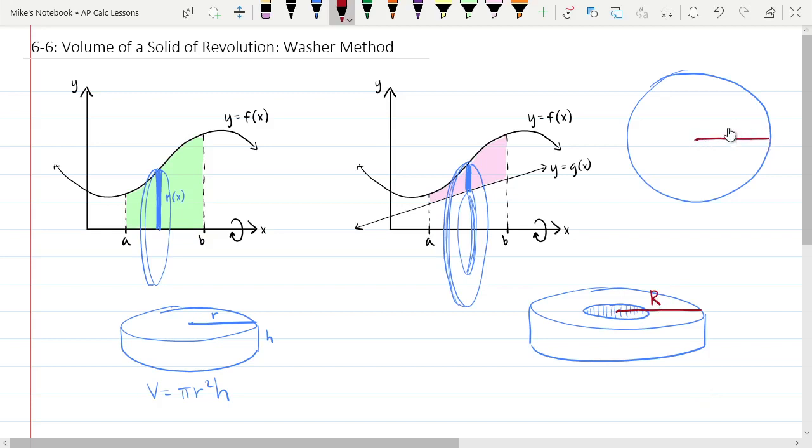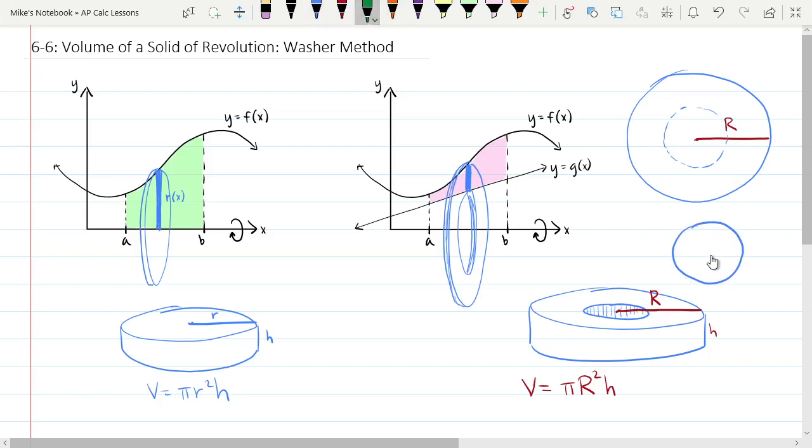So that means the volume of that outer cylinder is going to be pi times the big radius squared times the height. But now the hole is actually another cylinder that's getting cut out of it. So that right there would represent this other cylinder that's getting cut out of it.